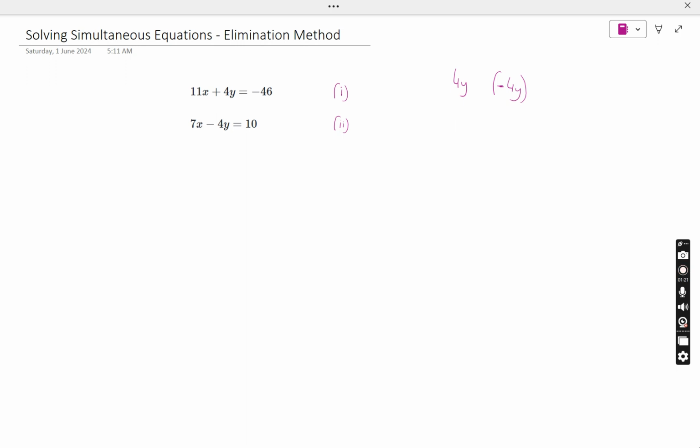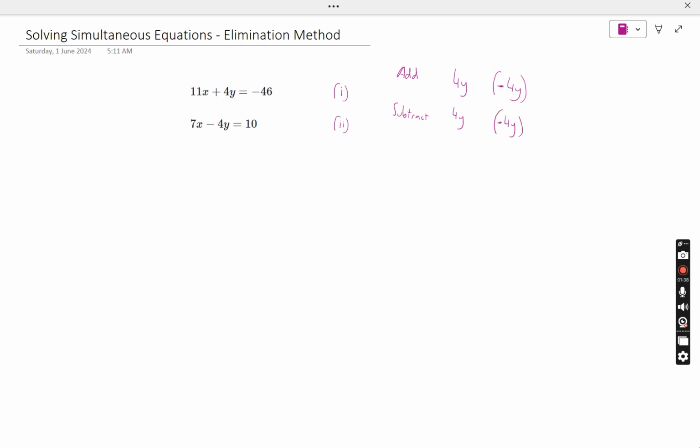Now we are trying to figure out if we need to be adding or if we need to be subtracting both equations. So again, let's rewrite this 4y and this negative 4y.